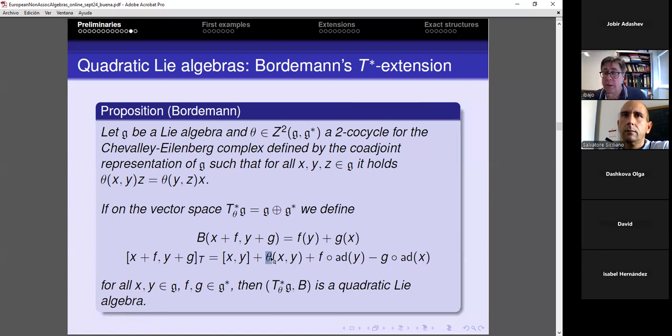Okay, Bordemann showed that actually all these Lie algebras under these conditions are also quadratic Lie algebras. And further, he saw that in the complex case, every solvable quadratic Lie algebra is either a T-star extension or an ideal of codimension one in a T-star extension.